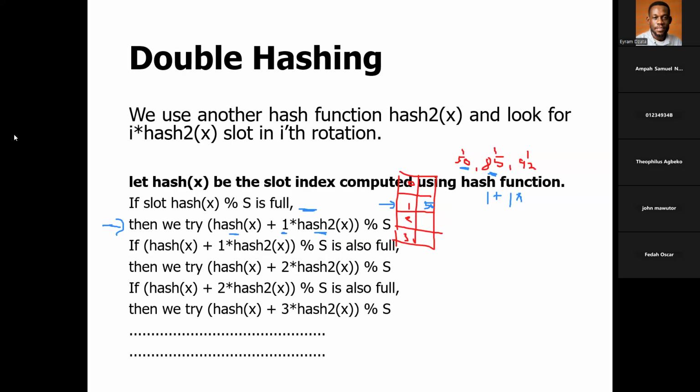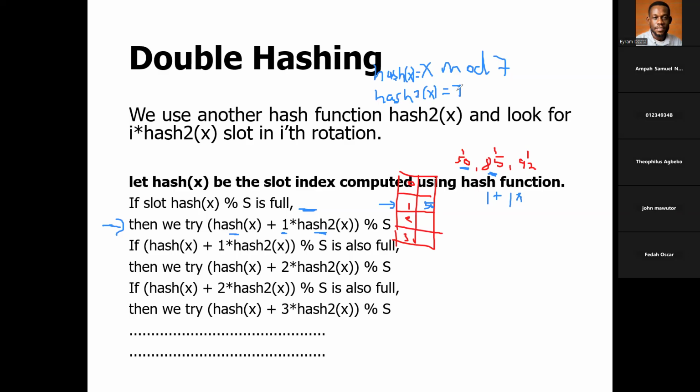If, for instance, our first hash function is x mod 7, I think it was mod 7, right? Yes, mod 7. So we take our second hash function. It's a function, so you can give it any function you want.